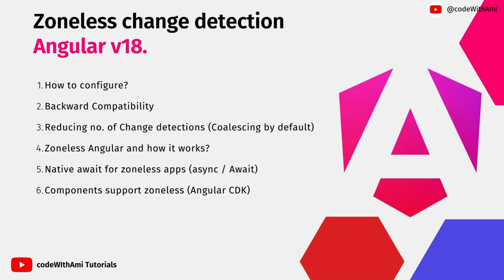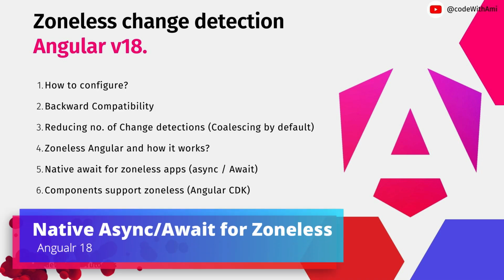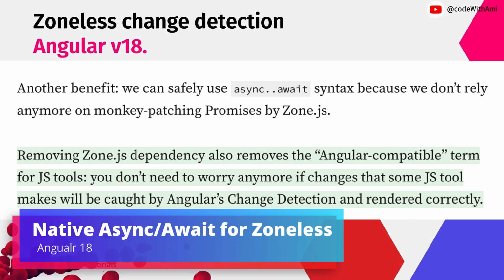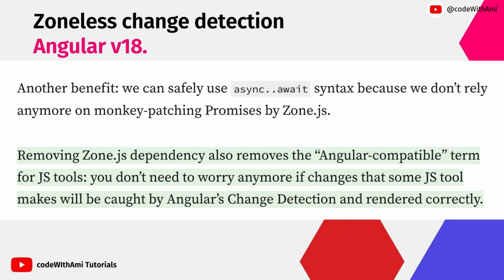Okay, so let's talk about the next thing, which is native await for Zoneless apps. Zone.js intercepts many browser calls to plug Angular change detection in. Unfortunately, async await is one of the APIs that Zone.js can't monkey patch, and therefore the Angular team needs to down-level it to promises via the Angular CLI, and that's suboptimal because all modern browsers support async await, which is more expressive than promises and optimized by the JavaScript runtime.